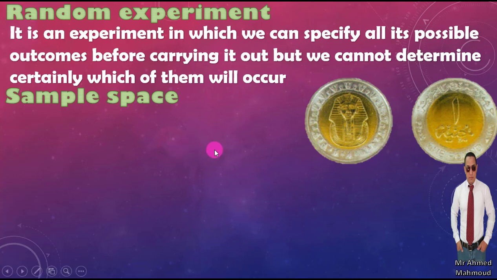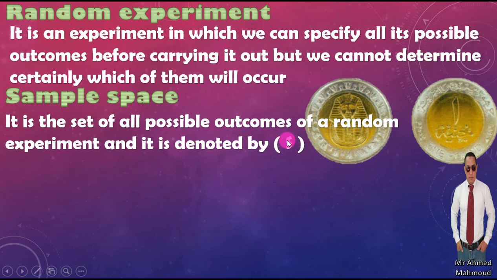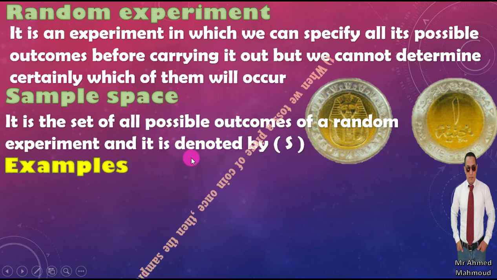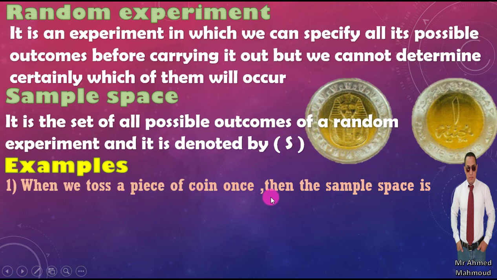Okay, now we have a new concept called sample space. The sample space is a set including all possible outcomes. Again, it is the set of all possible outcomes of a random experiment, and it is denoted by S. For example, when we toss a coin once, the sample space is what?